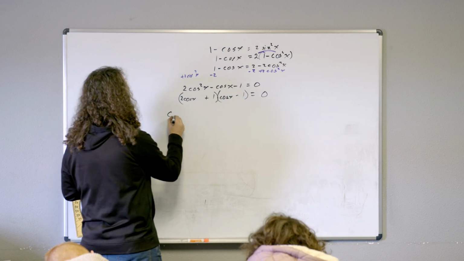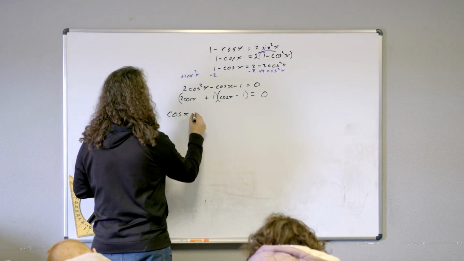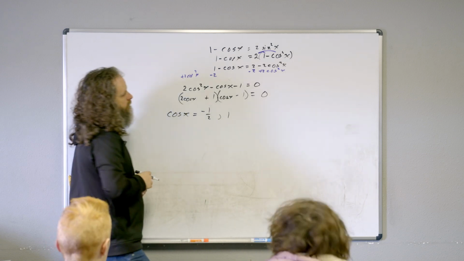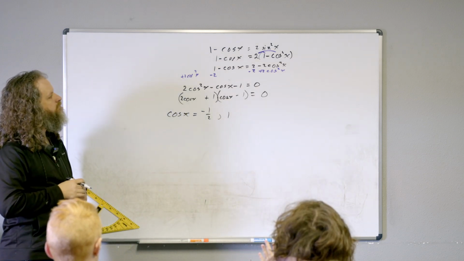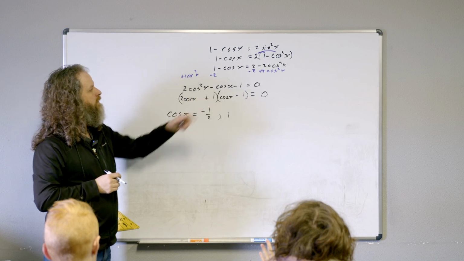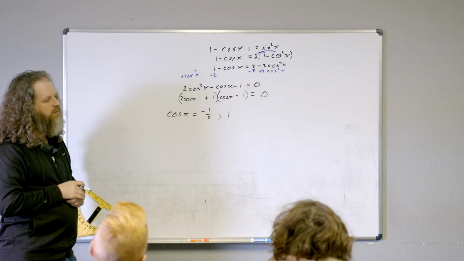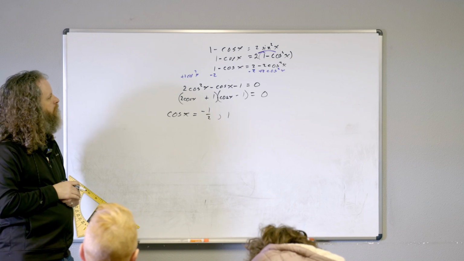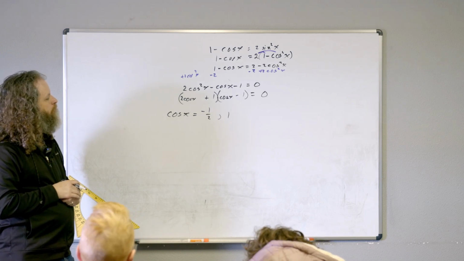So cosine x equals negative 1/2 and 1. Wait, no, that doesn't work. Yeah, it does. I'm trying to get a negative one. 2 cosine squared x. Oh, minus 2 cosine, yeah, I forgot the 2.